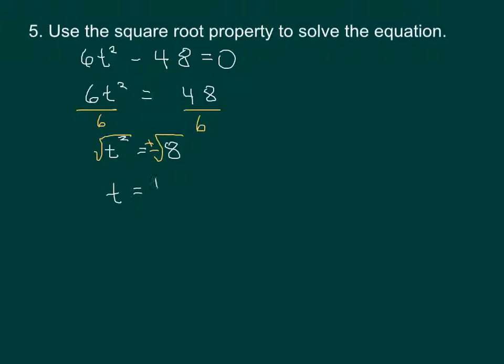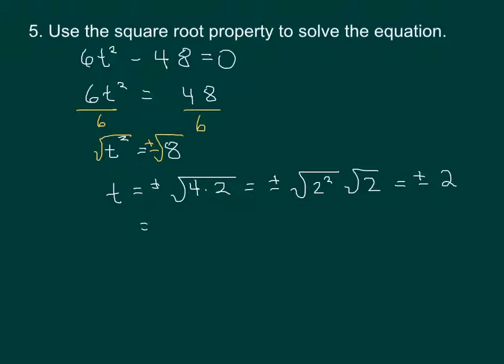And then we have plus or minus, and then under the radical we want to see if we have any perfect square factors. 8 is 4 times 2, and 4 is a perfect square. So we can say 4 is 2 squared, square root of 2, and so that's going to give us plus or minus.